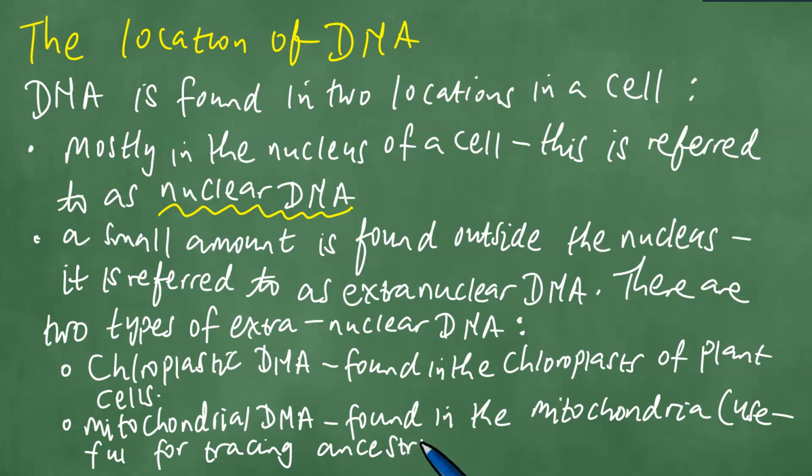You can use this one to trace the ancestors of a person. So if you speak about the chloroplastic DNA, the mitochondrial DNA is found in the mitochondria and useful for tracing. The mitochondrial DNA is the one that is used to determine the ancestors of a person.